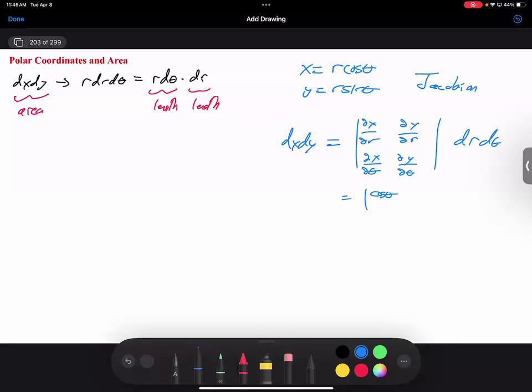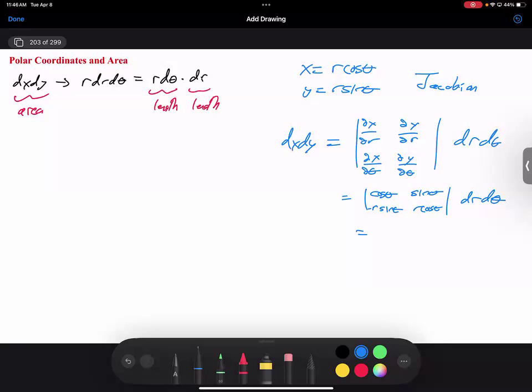With y, we get sine theta. And the derivative of x with respect to theta is going to be, oh, no, sorry, minus r sine theta, since the derivative of cosine is minus sine. And then the derivative of r sine theta is going to be r cosine theta, dr d theta.